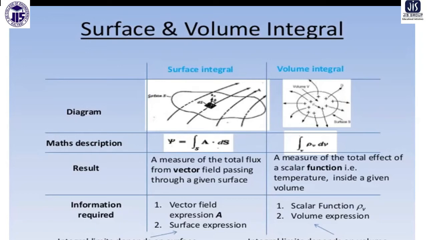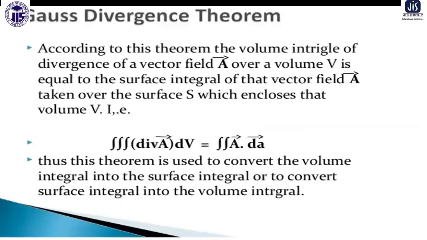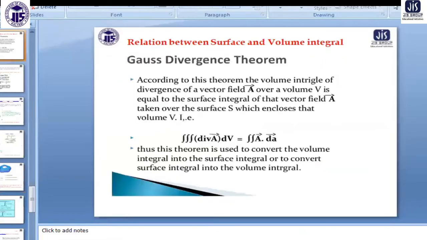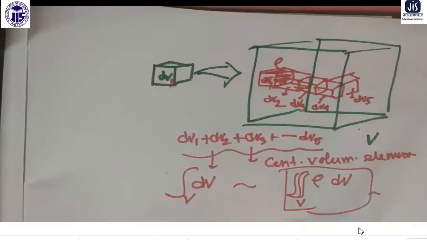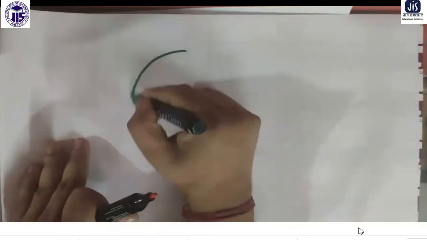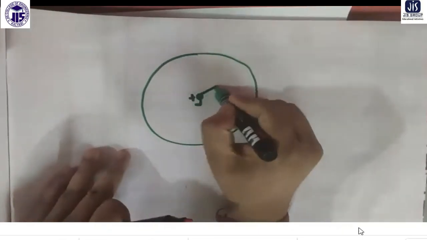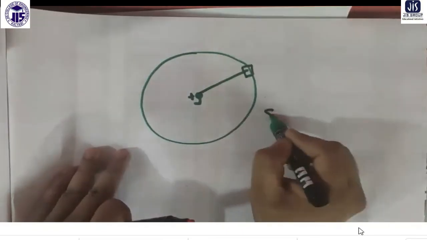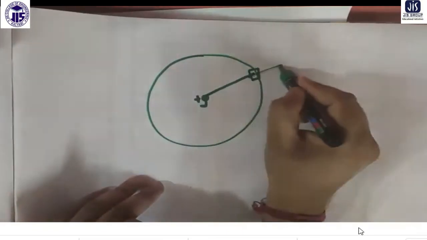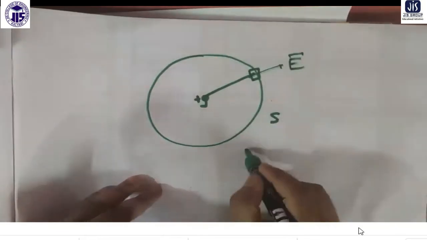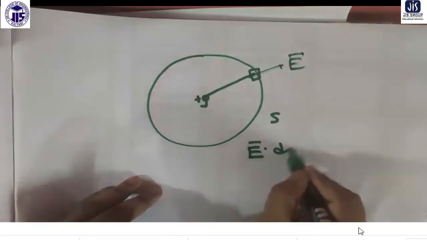Now the connection between surface and volume integral is given by Gauss's divergence theorem. Let me show you again. Suppose I have got a sphere, and at the center of it I have got a positive charge Q. The total surface area is A, and these are the electric lines of force coming out.